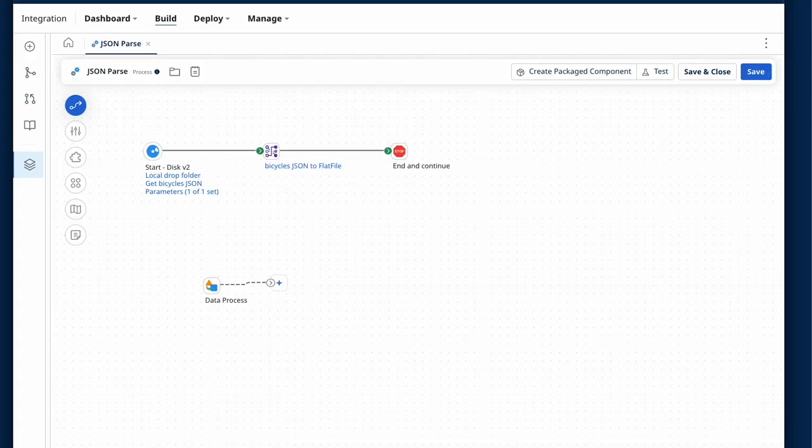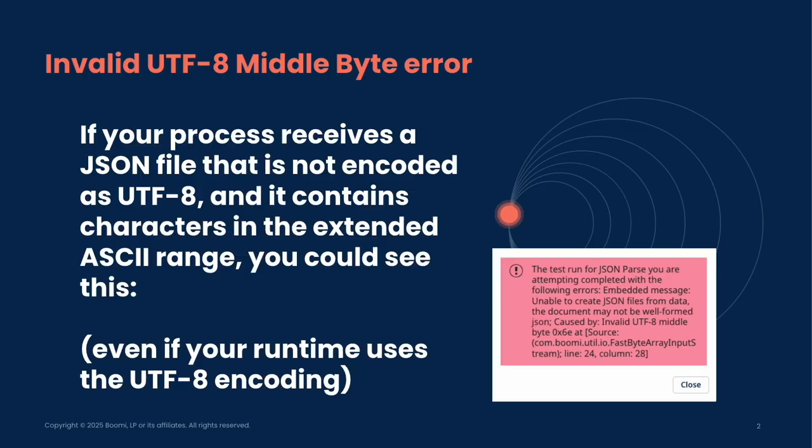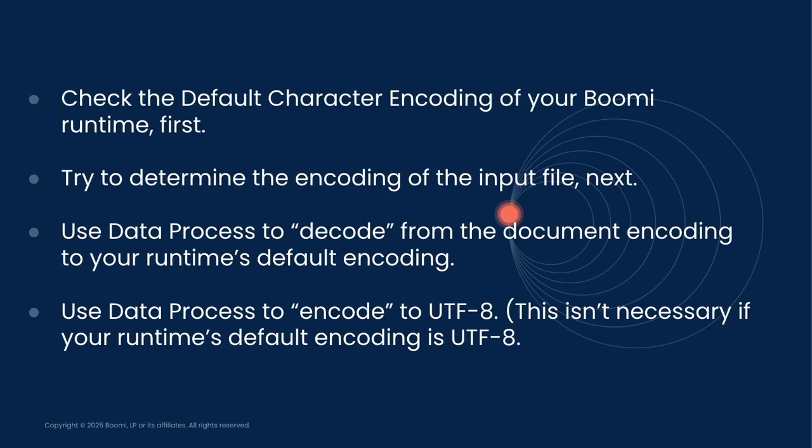So what do you do when you see this error? Well, the first thing to do is to check the default character encoding of your Boomi runtime. And you can find that under Runtime Management in the Startup Properties. The second thing to do is to try to determine the encoding of the input file.